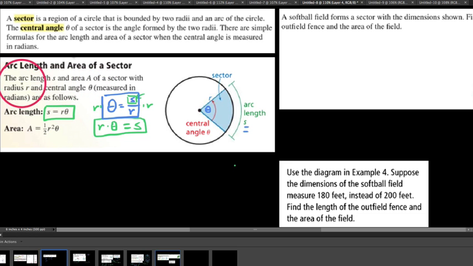Looking at this here, it says the arc length S and area A of a sector with a radius R and a central angle theta measured in radians are as follows. S equals R theta, which is the formula we just derived from our definition of radian measurement for an angle. And then this area formula here, which I just want to point out is very similar to the arc length formula.